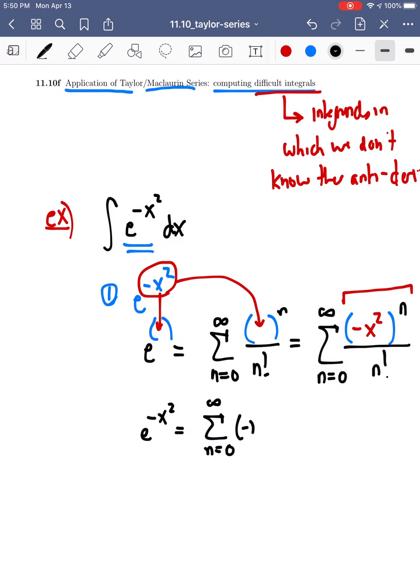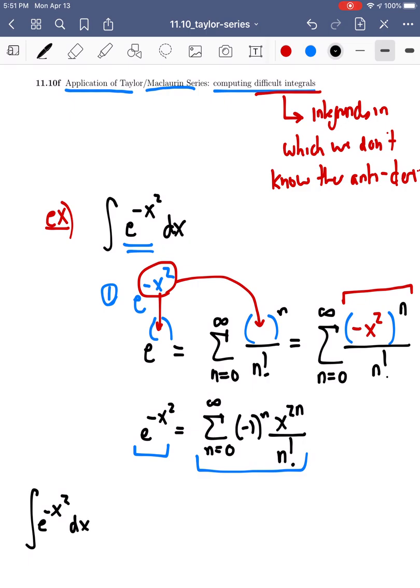This would be minus 1 to the n times x to the 2n power, all over n factorial. And we can go ahead and substitute inside of our integral that e to the minus x squared term for its Taylor series. So subbing in for e to the minus x squared, we have its Taylor series that we just found.